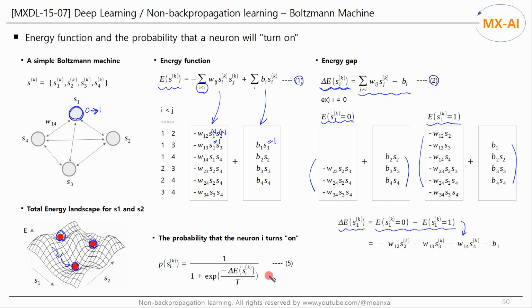And the authors of the paper used delta E to define the probability that a neuron will turn on, that is, the probability that the state changes from 0 to 1, as a sigmoid function, as follows. Here, T is the temperature of the Boltzmann distribution and is a kind of hyperparameter. This is equation 5 of the paper.